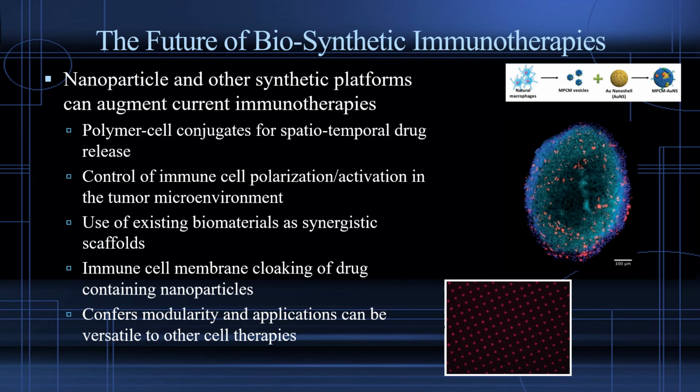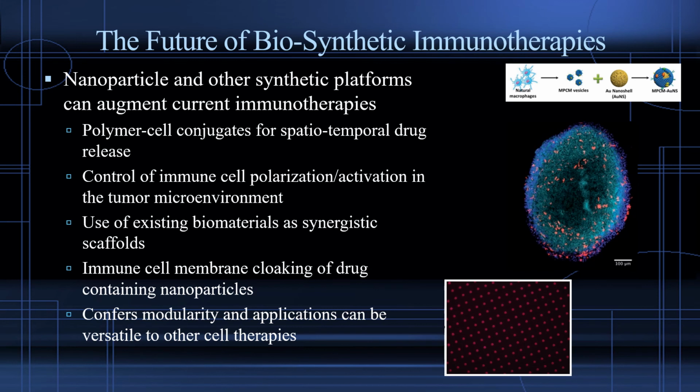And then there's also immune cell membrane cloaking of drug-containing particles, which I didn't really talk about. But all this taken together, it creates this system of conferring modularity to your immunotherapies, and the application is pretty versatile and can be translated across different therapies. So that's it for me.